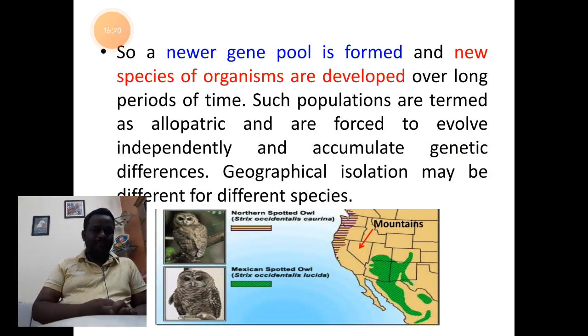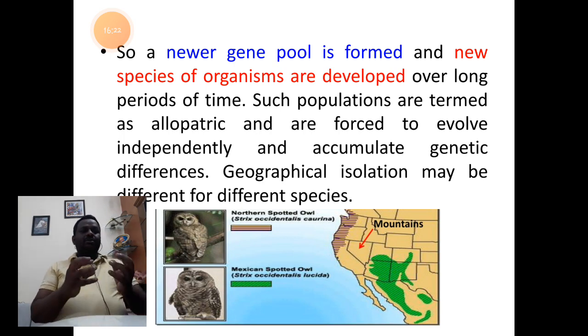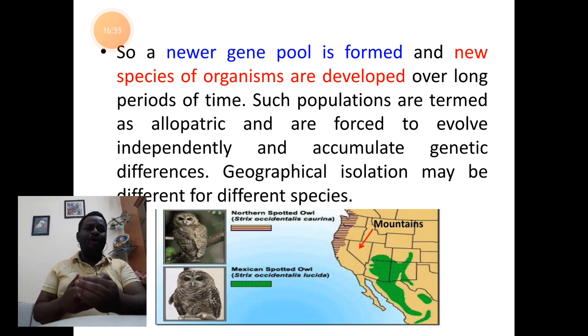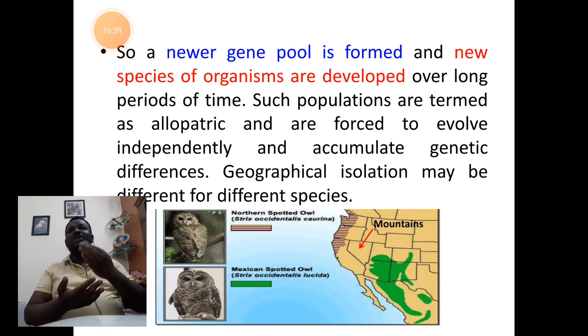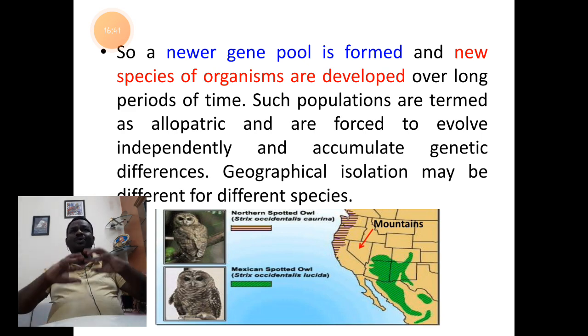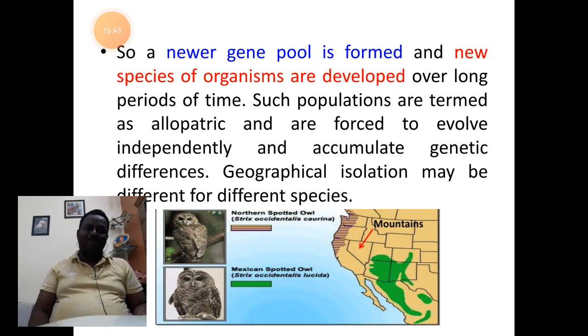Point number 4. When the organisms possess new variations, they tend to add new genes to the gene pool of that particular population. So new characters, when they imbibe, they have genetic variations. These new alleles will be added to the gene pool.